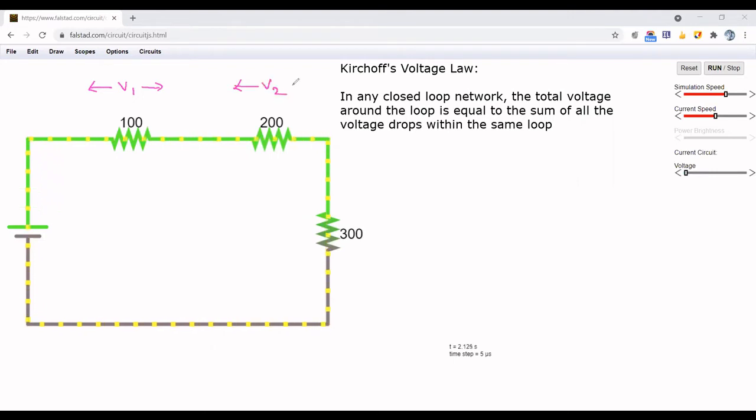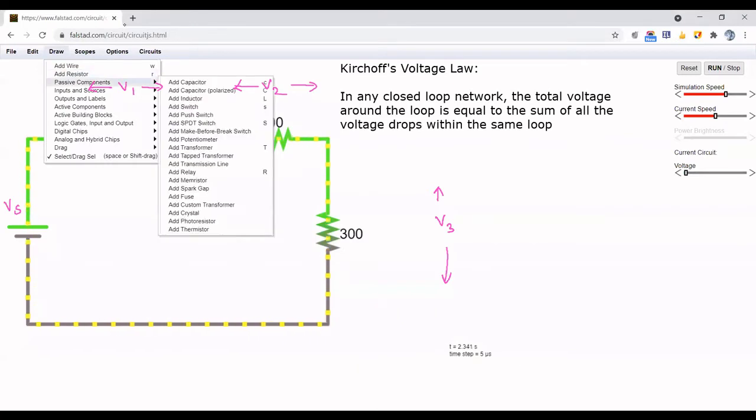Here the voltage drop, let it be V2, and the voltage drop across this resistor, let it be V3. So we have three voltage drops, and here we have one voltage source whose voltage is Vs. Now let us go for the simulation.